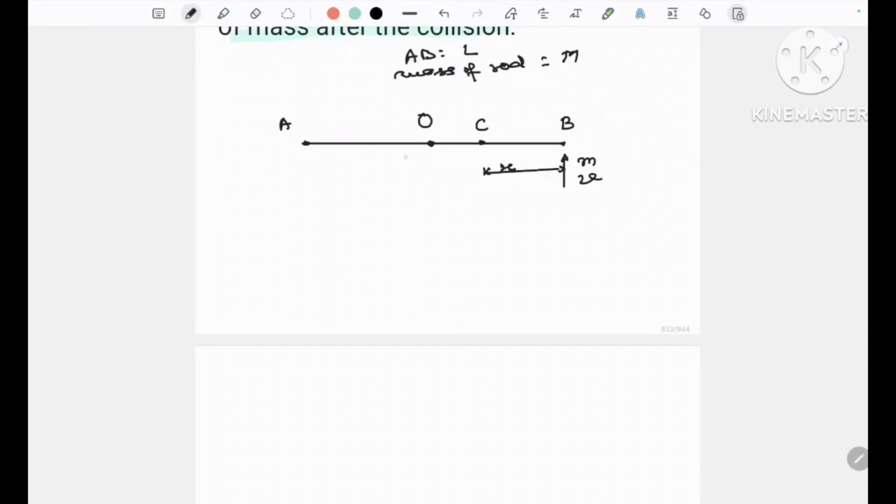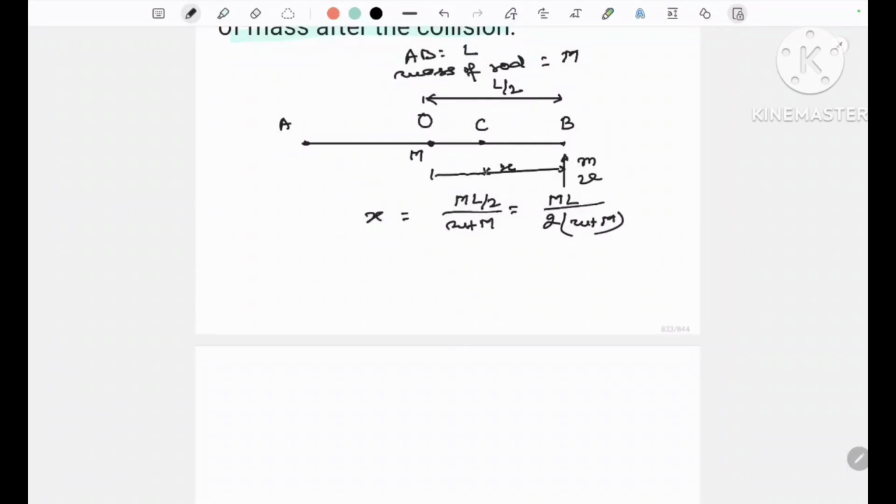The mass of rod AB we can assume acting at O, and OB is L/2. So x will be equal to ML/2 upon M plus m, or ML upon 2(M plus m).